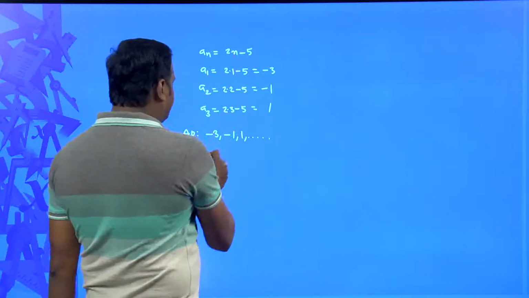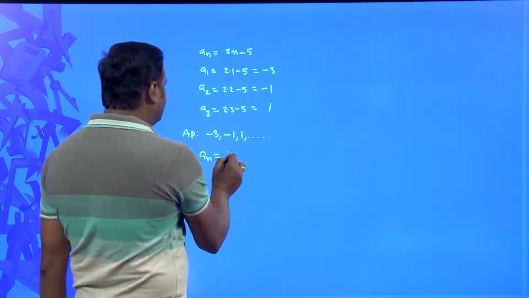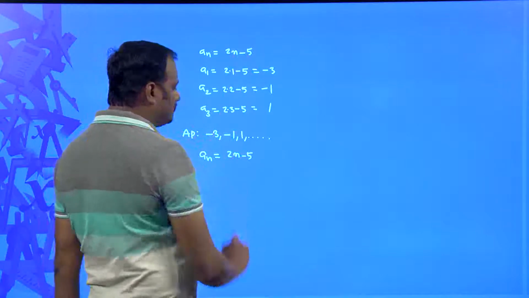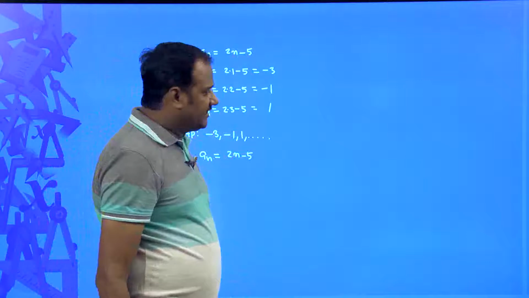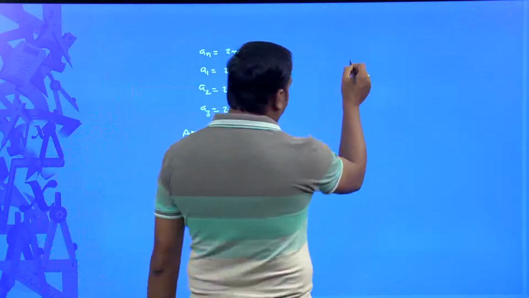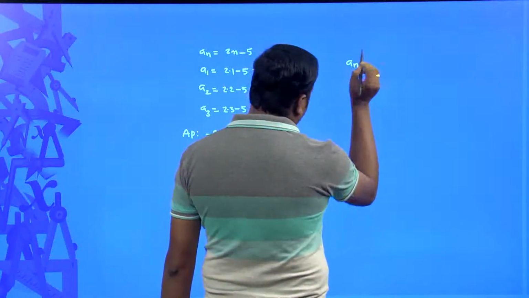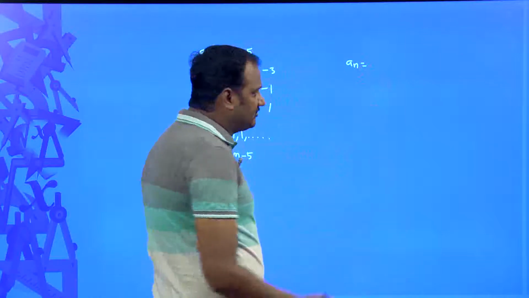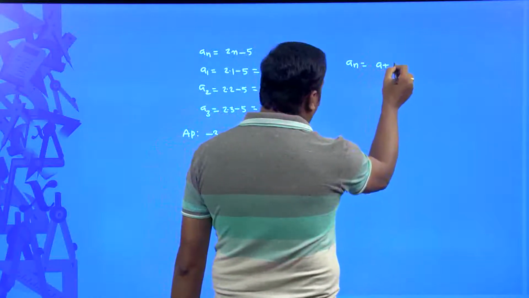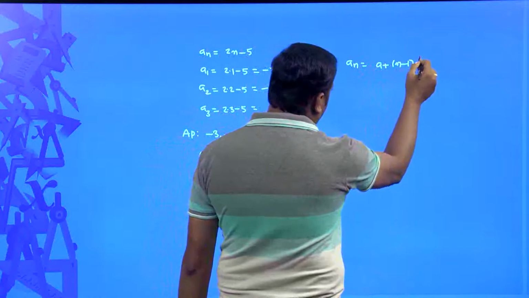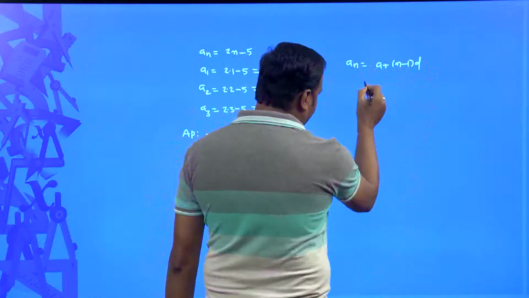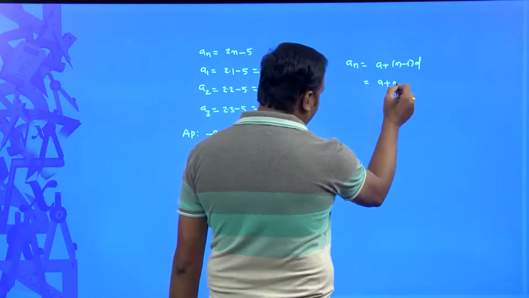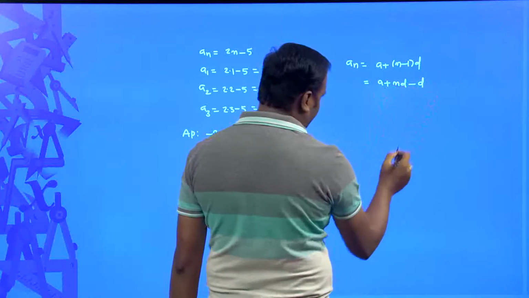Of course, you know what the nth term of this arithmetic progression is, a n is equal to 2n minus 5, you do not have to figure it out again. I am going to take the formula for the nth term, a n is equal to a plus n minus 1 times d. If I simplify this, I will get a plus n into d equal to nd minus 1 d.